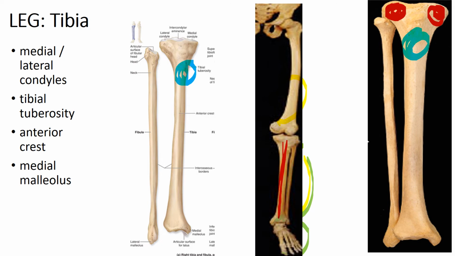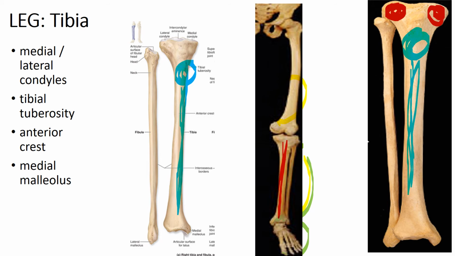Then, more distally, we find the anterior crest, or sometimes known as the anterior border or anterior margin. As you can imagine, only on the anterior side, this will extend from the tibial tuberosity and is commonly referred to as our shin.